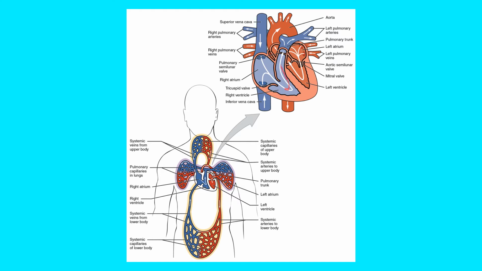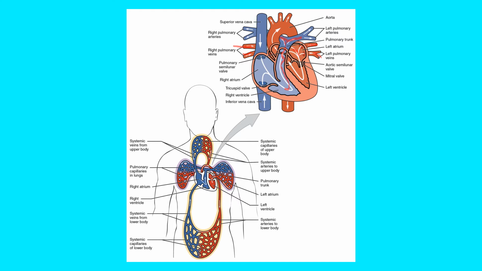It will leave and go right through. Here is the pulmonary semilunar valve. Here's the pulmonary trunk. It then separates and either goes to the right lung or the left lung. And then it will return by the pulmonary veins. Once again, the left side here, right side over here. And those are all going to flow into the left atrium here.